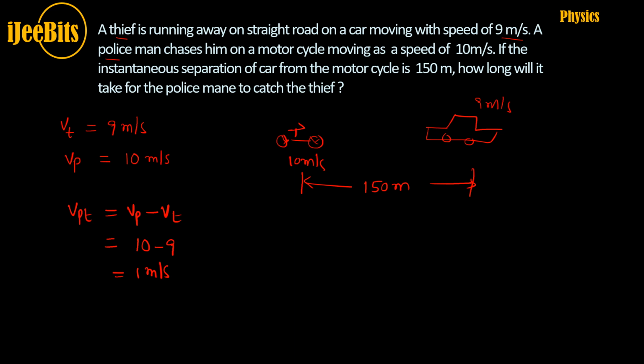So time t equals distance by velocity. Distance 150 and velocity 1. This is nothing but 150 seconds. So the policeman can catch the thief in 150 seconds. That's the solution. Alright.